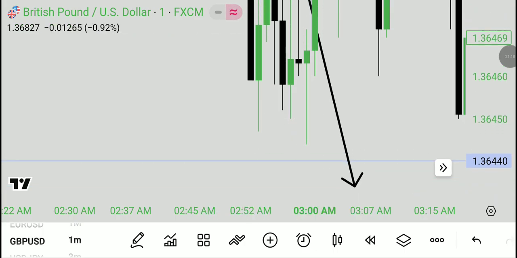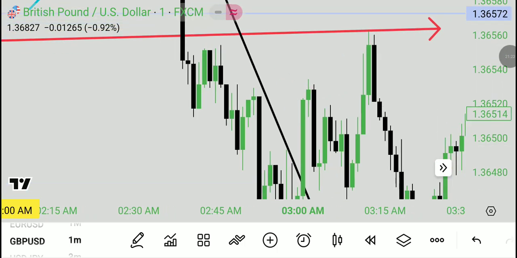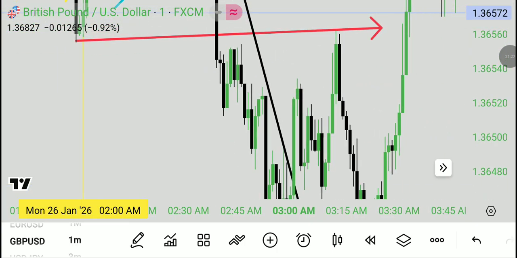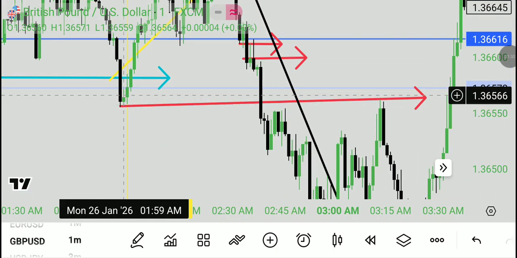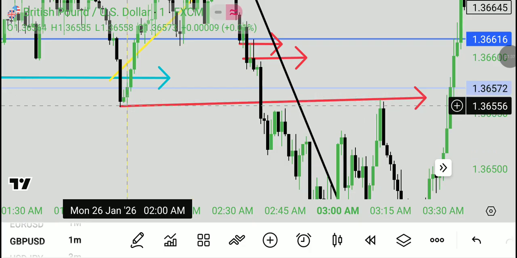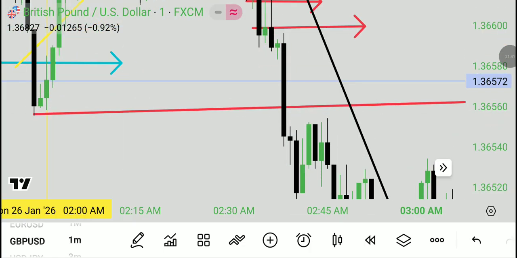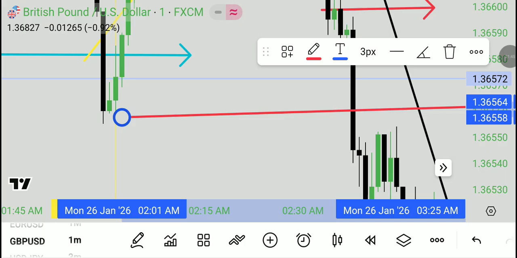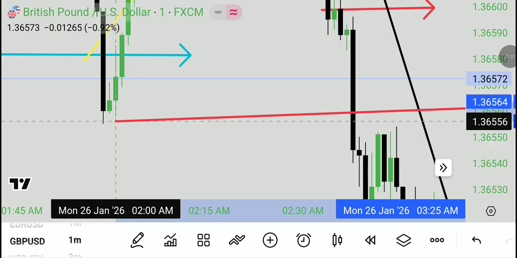You have to wait. Whenever you have your buyers, you have to wait for them to go to your support. Where is the support? This low that was created ahead of London session. You can see the candle low that created the London session low.